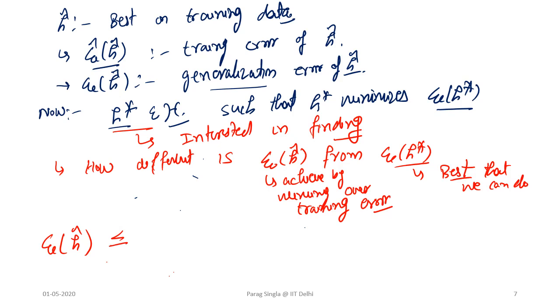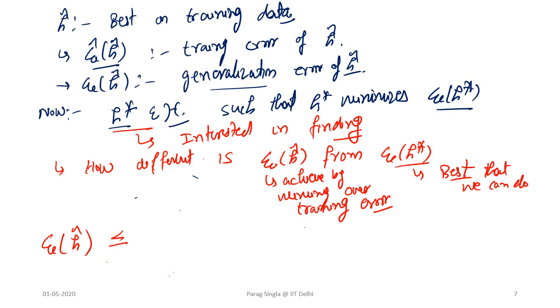Because we know that the training and the generalization error, in fact for all hypotheses, are within the bound gamma, and that holds with probability at least 1 minus delta.